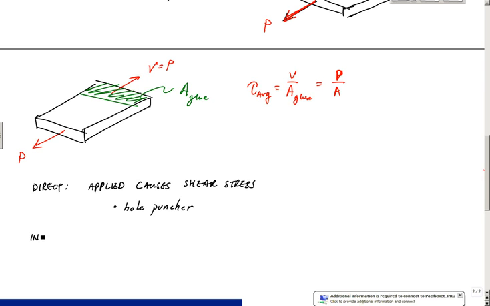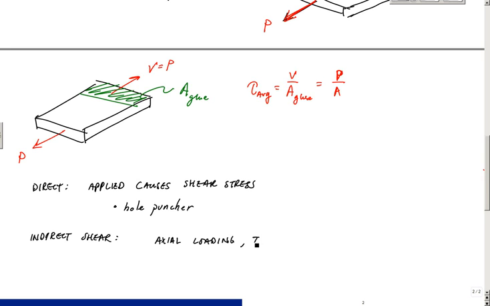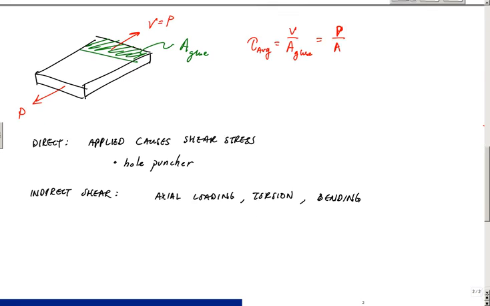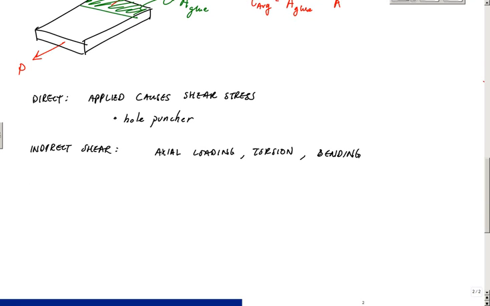Some examples of indirect shear would be the shear stress caused by axial loading, torsion, or bending. So if I think of a traffic sign or a beam that's bending, I'm going to have shear forces develop.